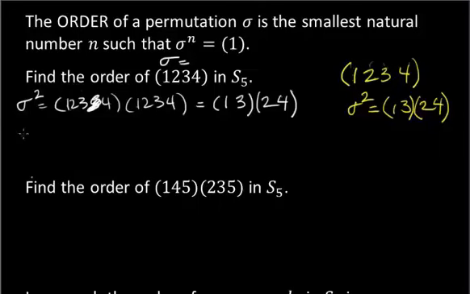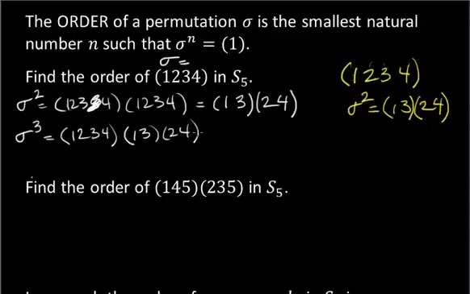Let's cube it. So sigma cubed will be, I'll do it out the long way once, 1, 2, 3, 4. That's sigma times sigma squared, 1, 3, 2, 4. Now powers of one element always commute in a group, so it wouldn't have mattered if I had put sigma squared times sigma, because powers of sigma will commute.